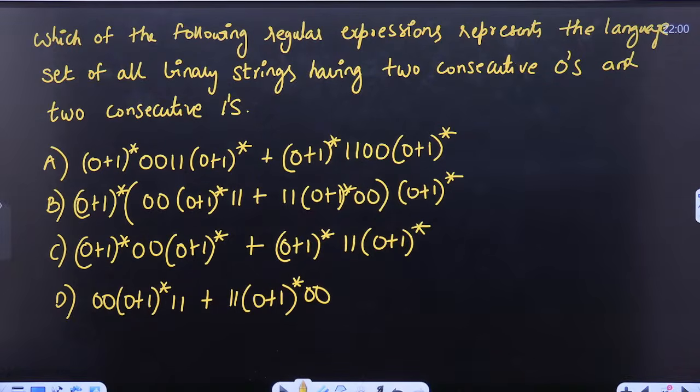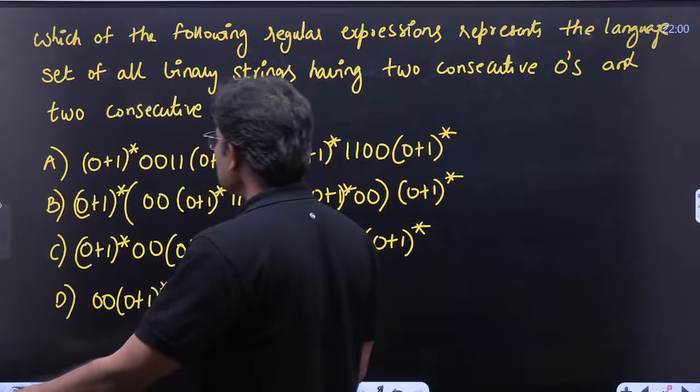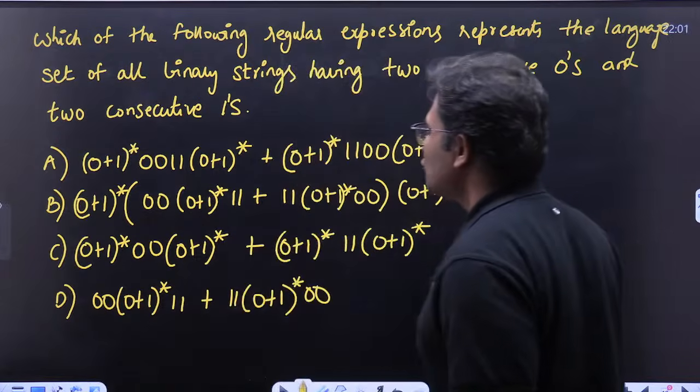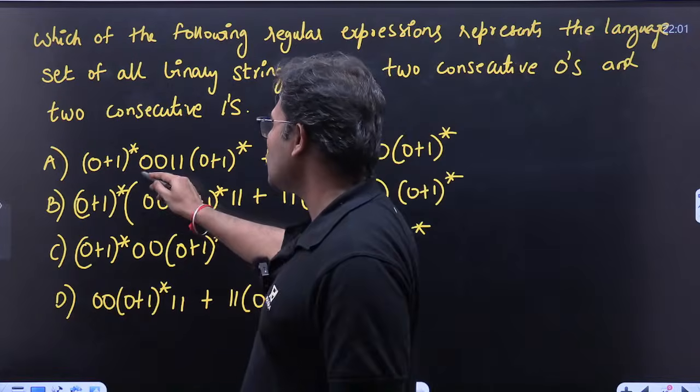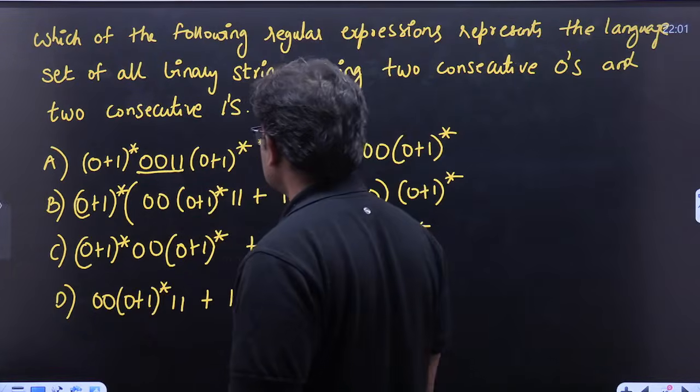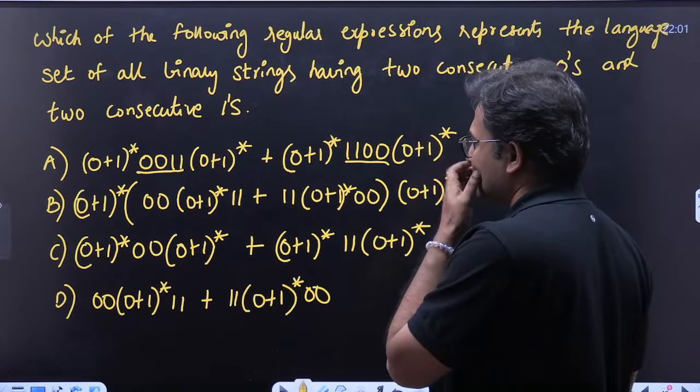Okay. So listen to this. Now there should be consecutive zeros and consecutive ones, but they need not be together, right? Here also they are together.